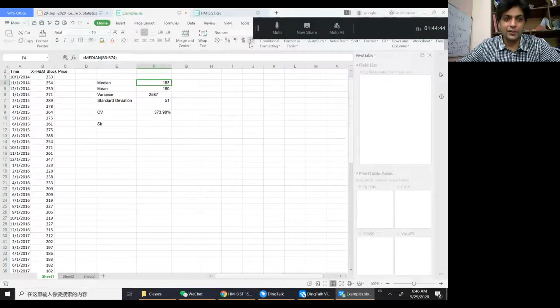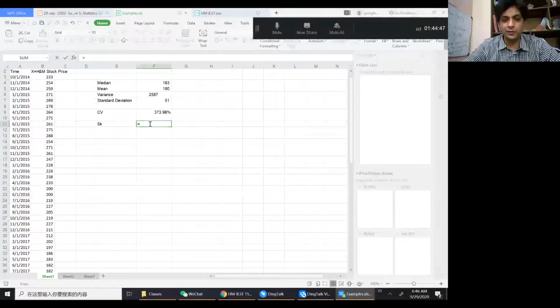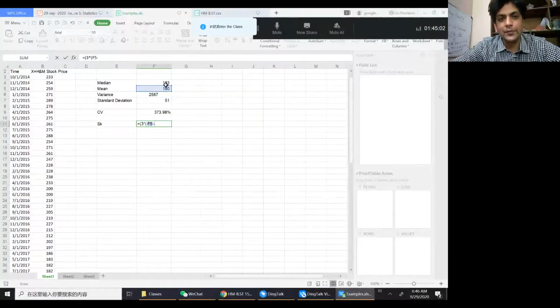So now you can get the skewness. You already have the formula, which is 3 times mu minus median, divided by standard deviation.